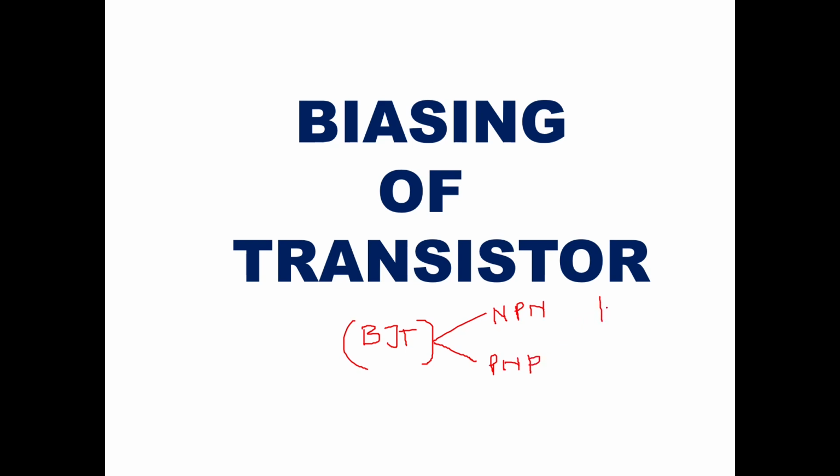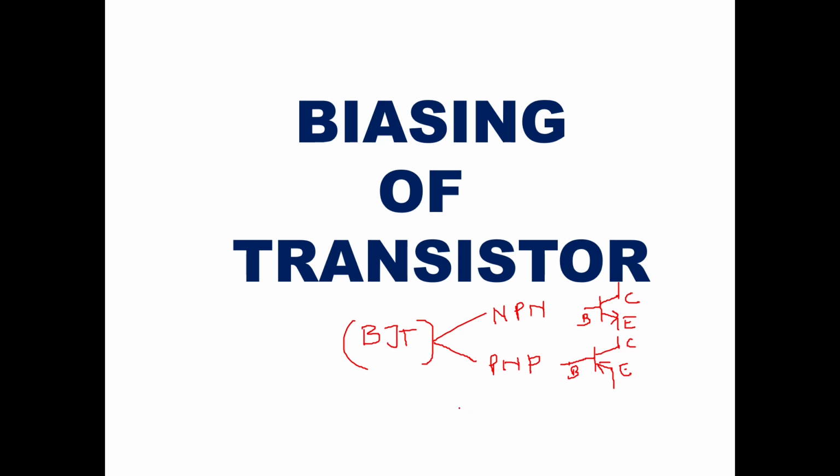The symbol of NPN will be like this. Here you have the emitter, here the base, and here the collector. The symbol of PNP will be like this, and here also you have the emitter, base, and collector.